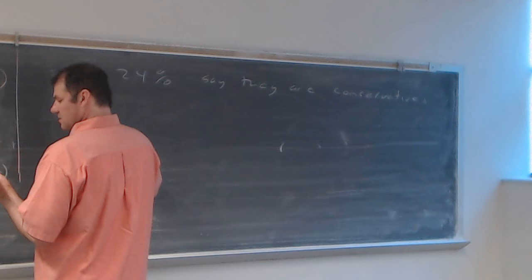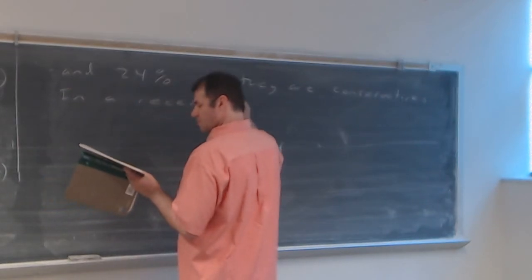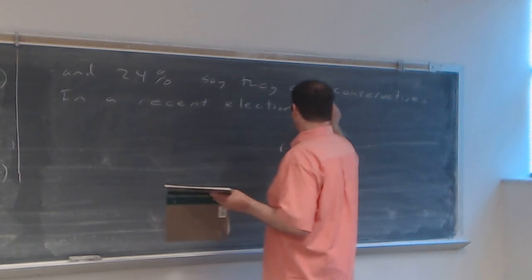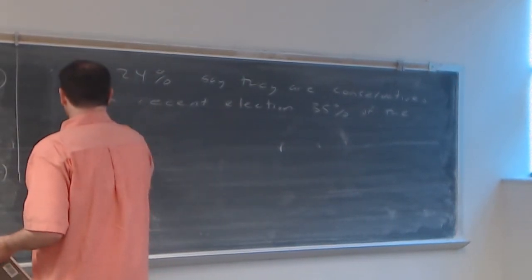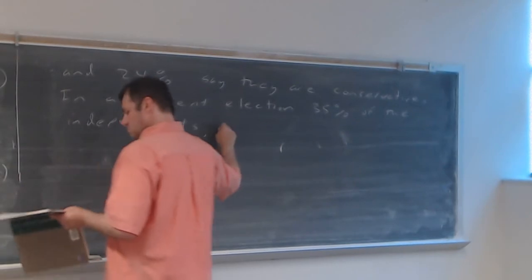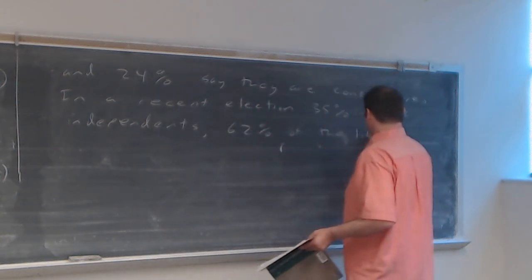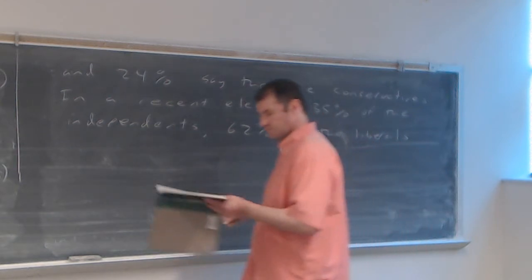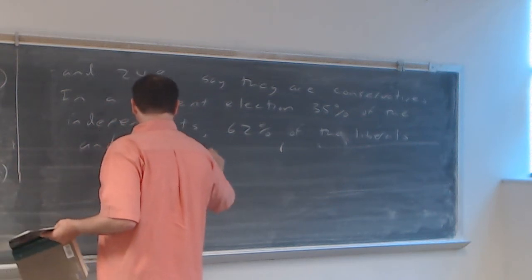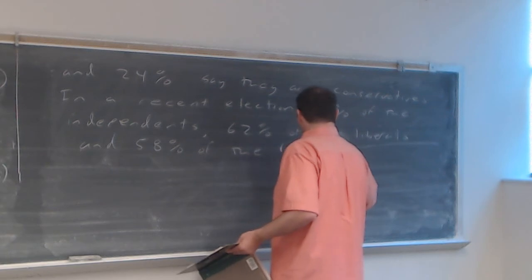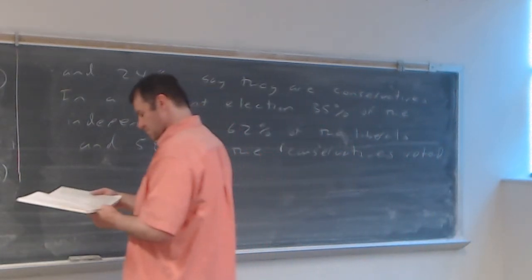Okay, in a recent election, 35% of the independents, 62% of the liberals, and 58% of the conservatives voted. A voter was chosen at random.